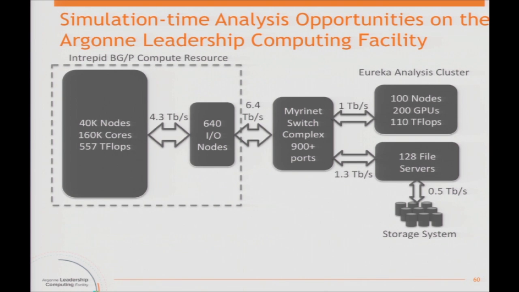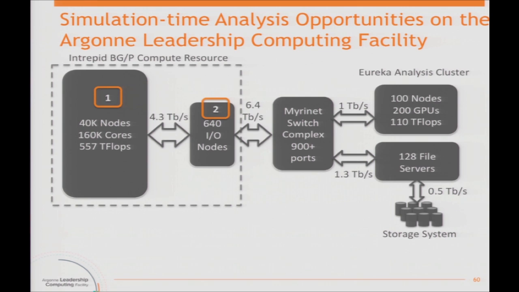So if you were to do simulation time analysis, you could either run some scalable analysis codes on the compute cores itself. You could move it to the I/O nodes. I'm sure they've explained to you the architecture, but for every 64 compute nodes, you have a dedicated I/O node. So you could move it over there, and you could perform some analysis on the I/O nodes.